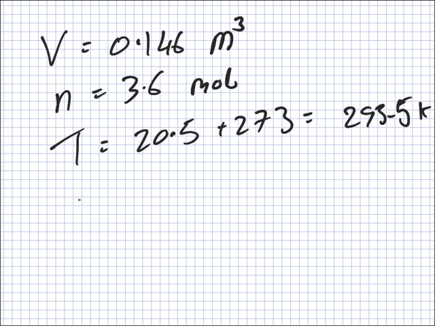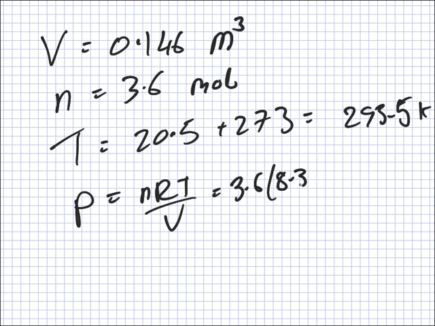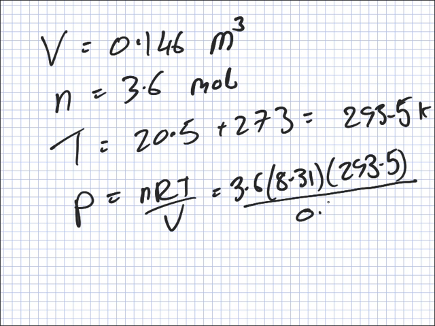What's the pressure? So PV equals nRT. So P equals nRT over V. So that is 3.6 times 8.31 times 293.5 over 0.146.